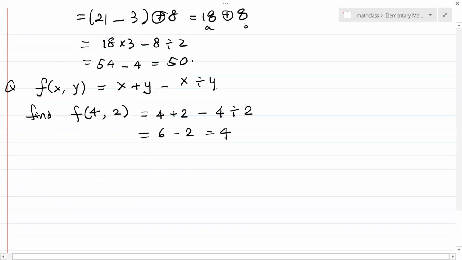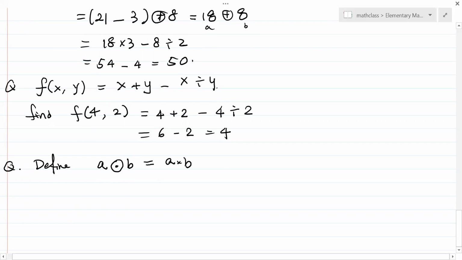Okay. Now we are going to solve an inverse problem. So first of all, we define the operation A circle dot B. I defined it to be A times B minus A plus B. I know the following information. 15 circle dot B is going to be 17.